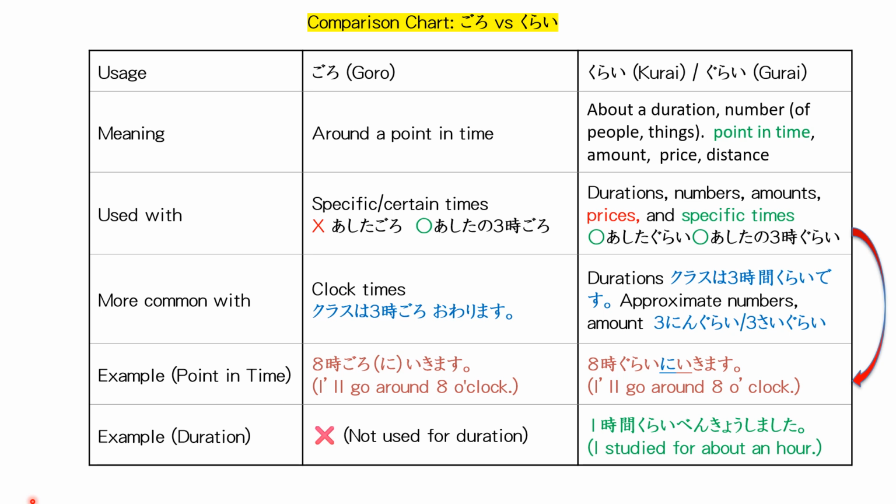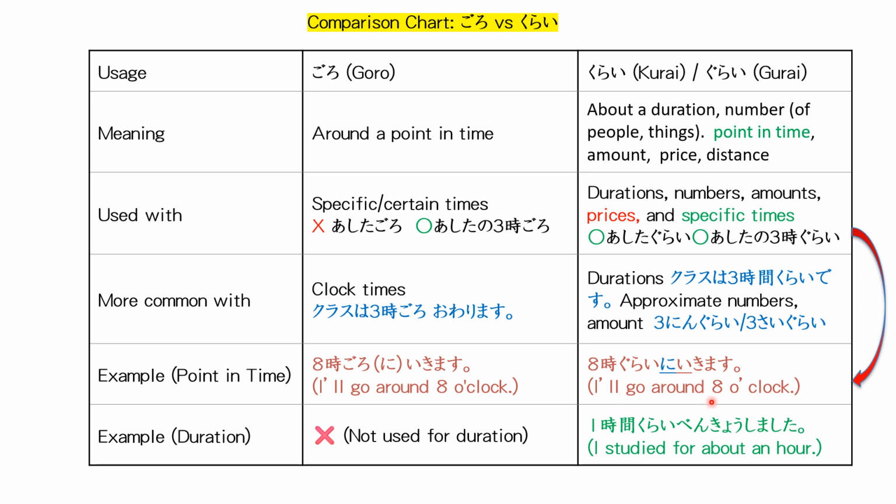Now, take a look at this example sentence here. Both goro and kurai are used in the same sentence to express approximate point in time. The difference is the usage of the particle. When using kurai to show the approximate point in time, you must include an appropriate particle to connect it with verbs.